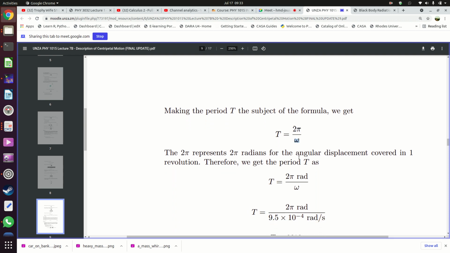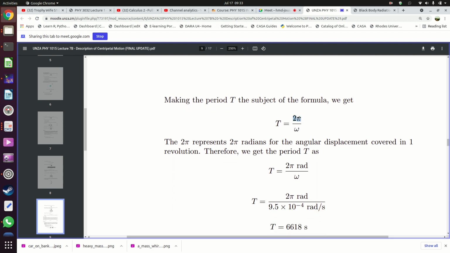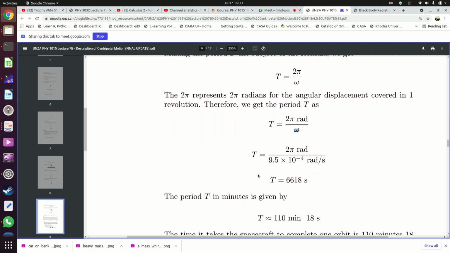Now, this 2 pi you're seeing here is the angular displacement. That's the angular distance which the spacecraft is going to cover, in radians. The other bit is this omega, which we have worked out. So if you substitute, you end up having T is equal to 2 pi radians divided by 9.5 times 10 to the power minus 4 radians per second.